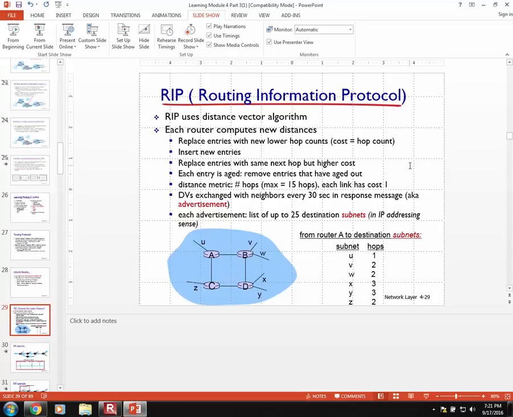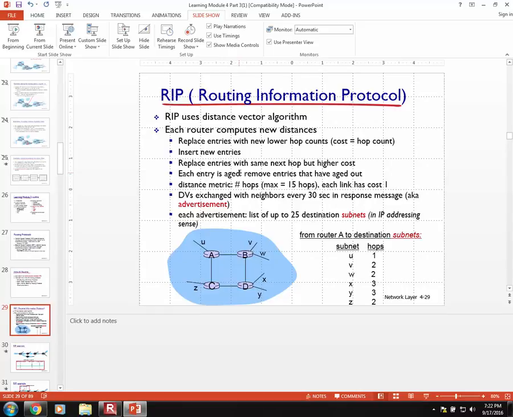So looking for the best way to get there with the lowest amount of hops. RIP inserts new entries and replaces entries with the same hop count but with a higher cost. And so we can address the issue of the dynamics of our changing networks.